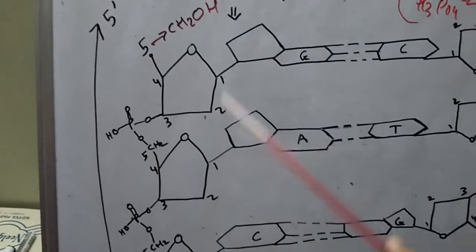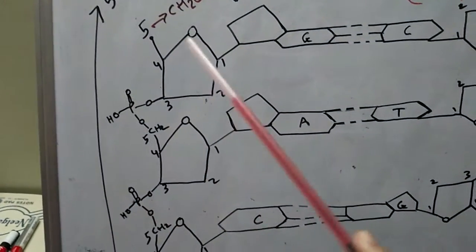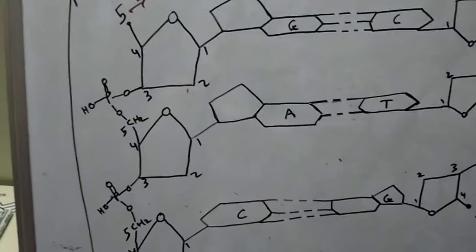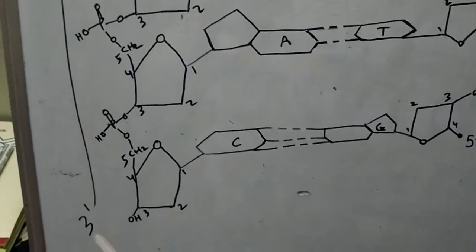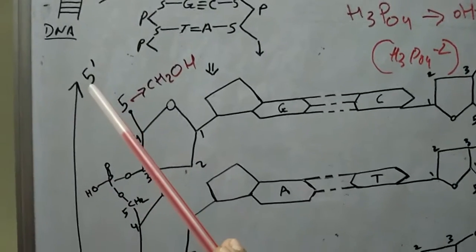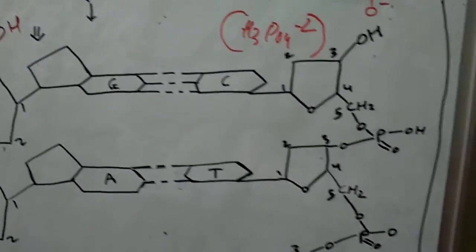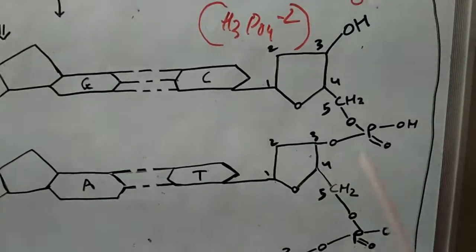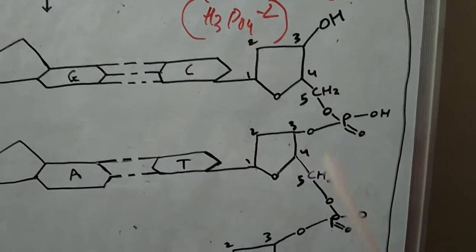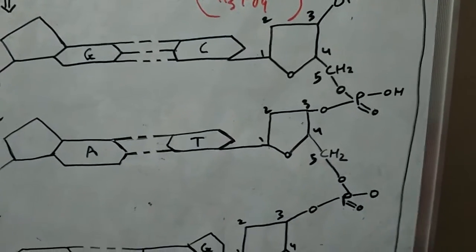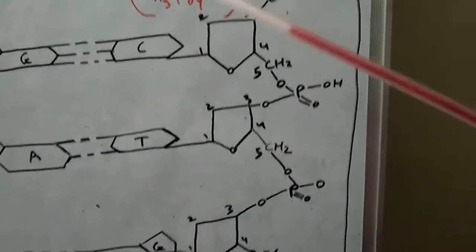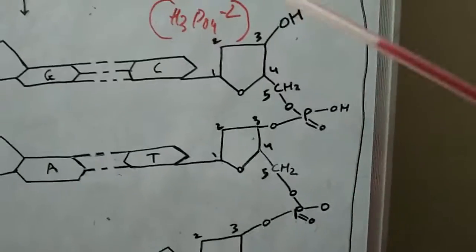If you number the carbon atoms present on the sugar, then it will be easier for you to give the direction. So it is 3' to 5' direction going upward. Now, since there are two nucleotide strands, therefore it is known as polynucleotide DNA. So this will be towards the downward side.